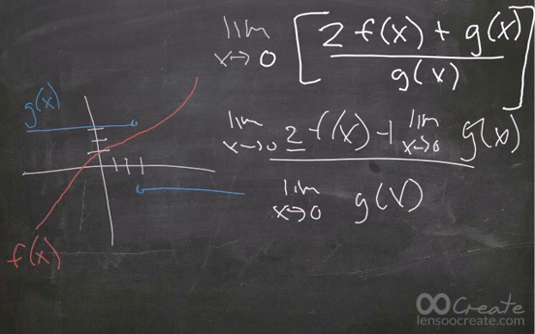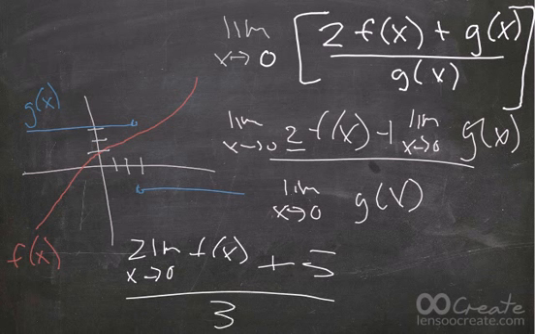So what we can actually do with the 2 is bring it out in front and multiply the entire limit by 2. And that would look like 2 times the limit of f of x as x goes to 0 plus, and now we've gotten to a point where we can just solve the g of x terms. So that would be equal to 3, and the same thing on the bottom, 3. And this simplifies to 2 plus 3 over 3, which is 5 over 3.